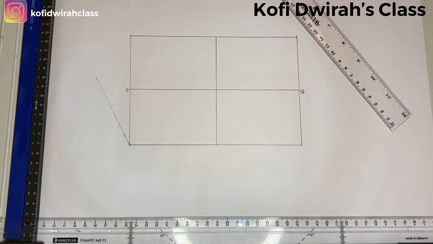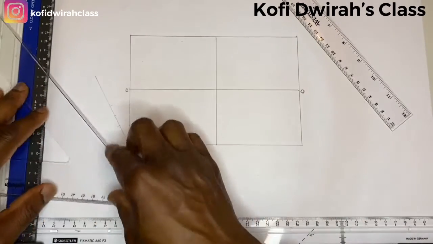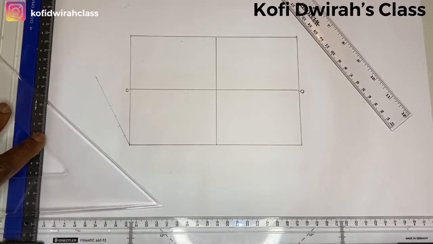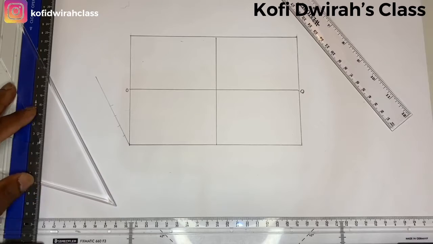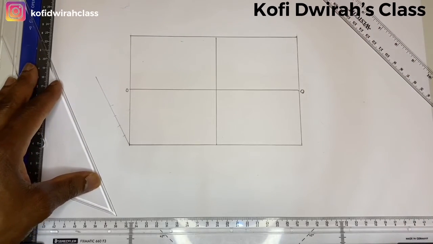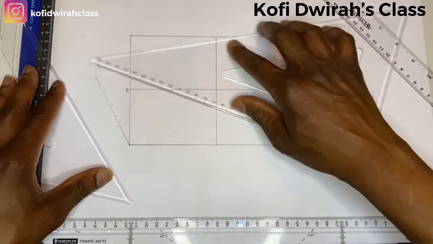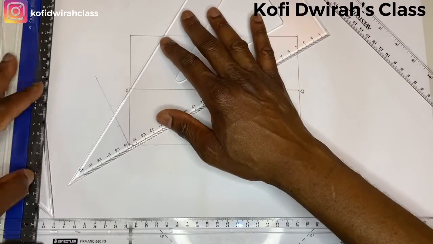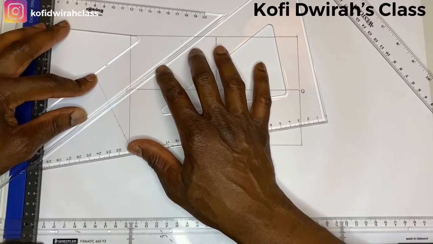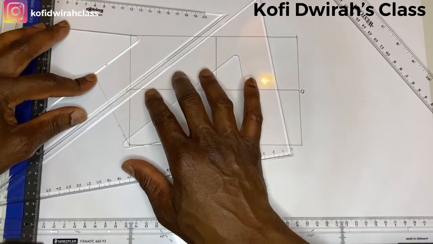So take your compass. You know how to divide a line into a given number of parts. So we are going to use from this point.